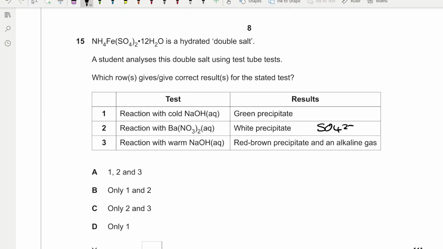And this indicates Fe2+ ions. And reaction with warm NaOH gives a red-brown precipitate and an alkaline gas. So that indicates NH4+ ions.